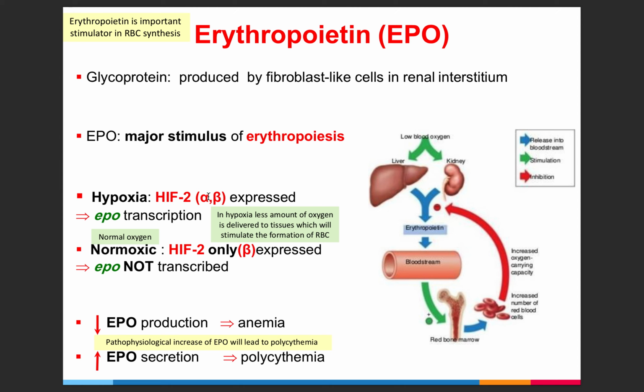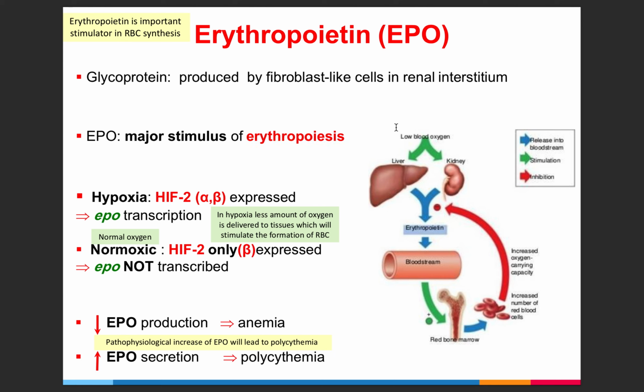So if we have oxygen, we will not have the alpha subunit of hypoxia-induced factor. If we don't have both alpha and beta subunits, we cannot induce erythropoiesis, and erythropoietin will not function.